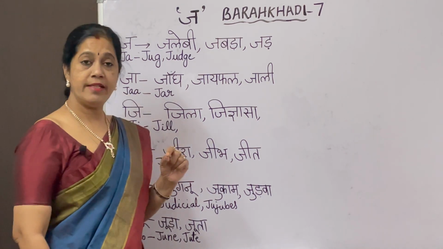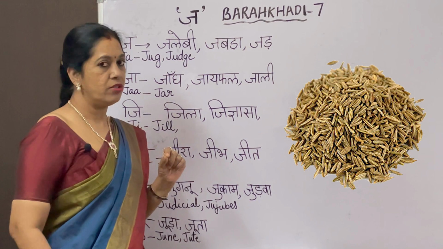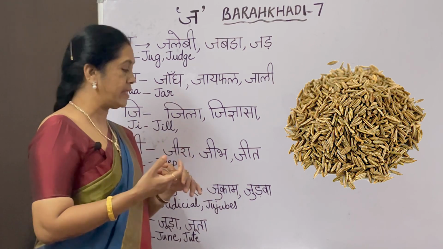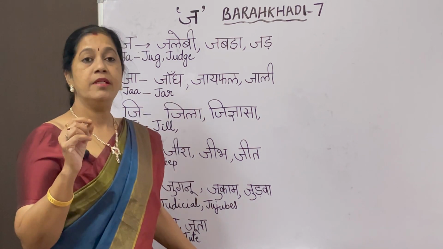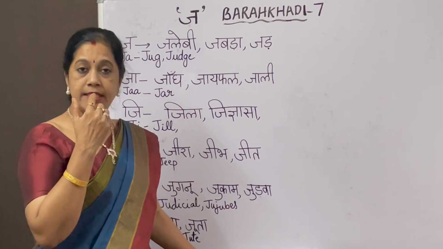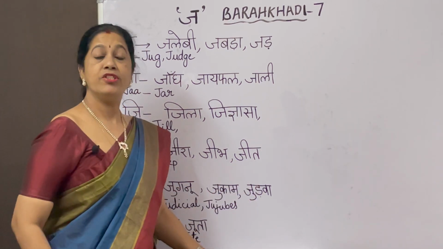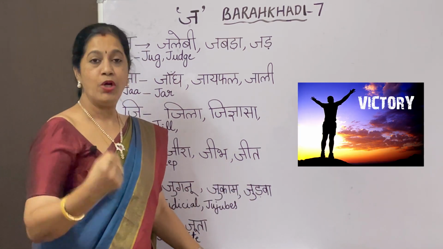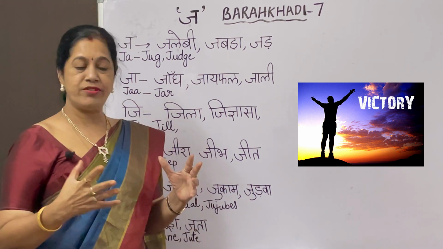Jeera. Jeera means cumin, the cumin seeds which we use in masala. The next one is jeeb. Jeeb means tongue. The next, jeet. Jeet is victory. Yes, we have won.